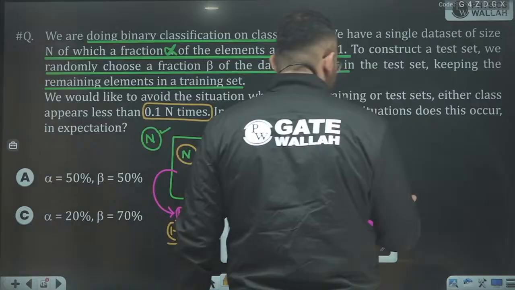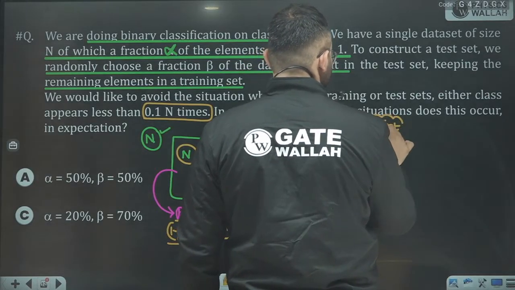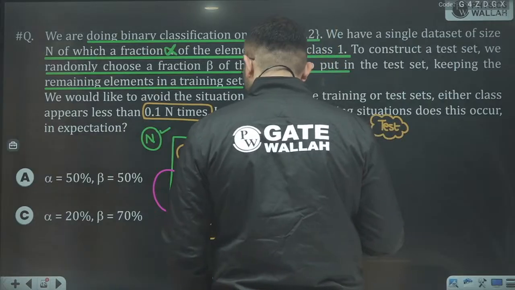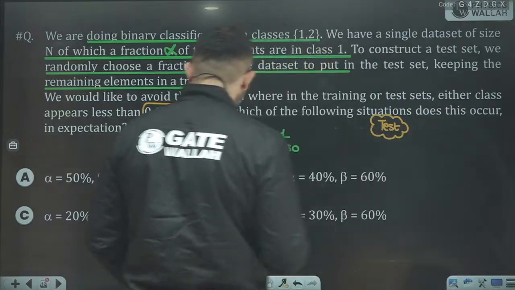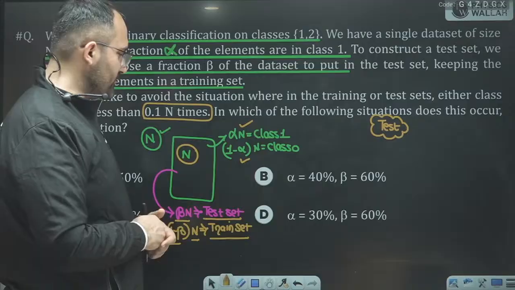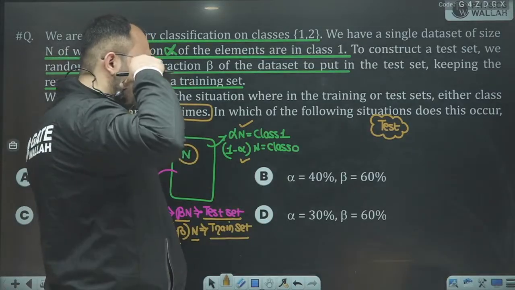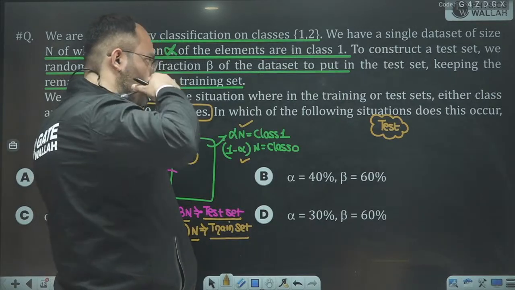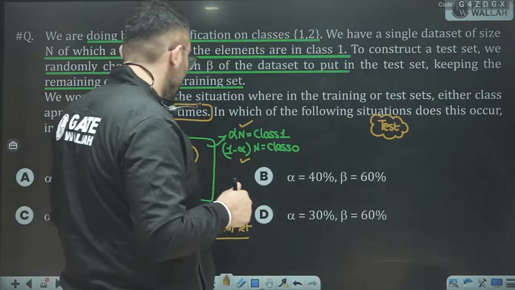Now, in the test set, we have beta into n, means out of this we take beta into n number of points. Alpha n is the number of class 1 points and 1 minus alpha is the number of class 0 points. Beta is taken here.